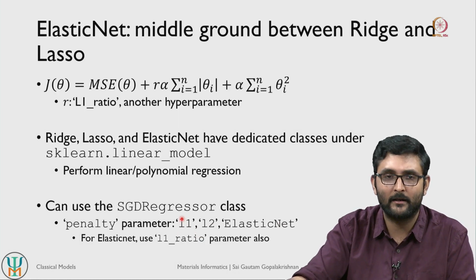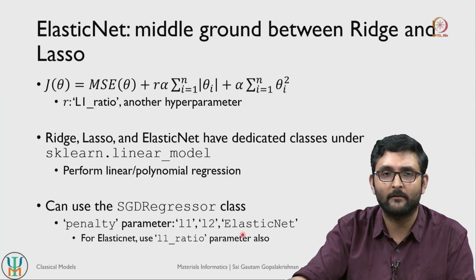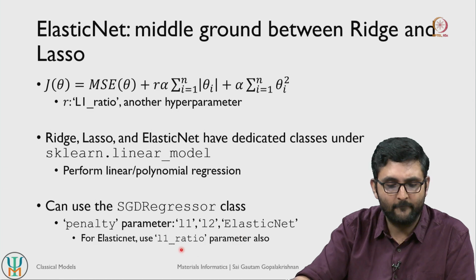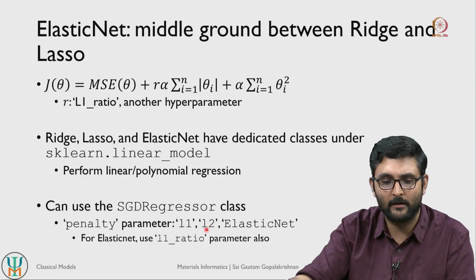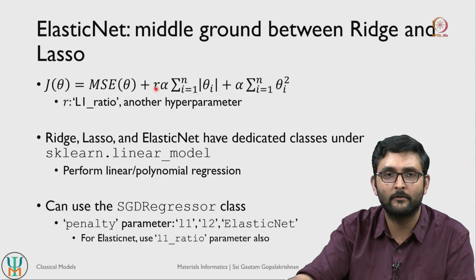L1 refers to lasso, L2 refers to ridge, and ElasticNet refers to ElasticNet. And for ElasticNet you will have an additional argument called L1 ratio, right. So for L1 or L2 you will only include the alpha, for ElasticNet you would also need to include the L1 ratio, which is your R term here.